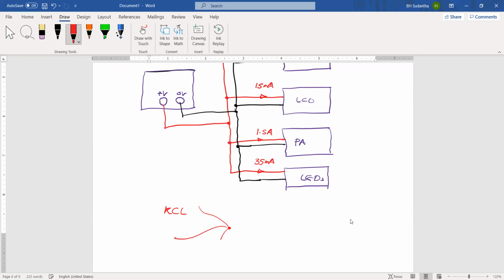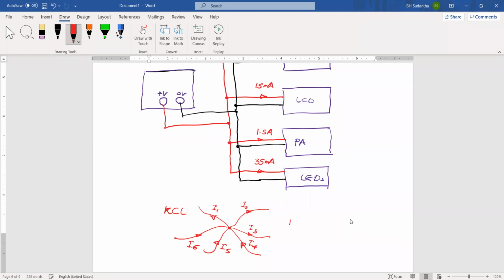It says when you consider one node, there may be a couple of branches in a circuit. All these currents going out like this. The algebraic sum of total incoming currents is equal to the algebraic sum of total outgoing currents.